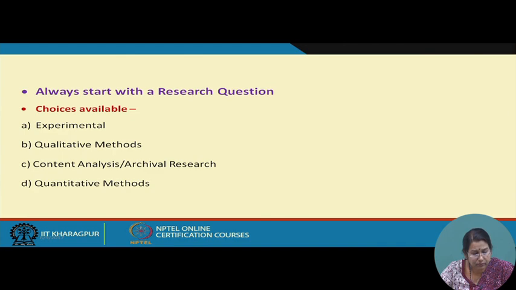Whether experimental methods will be suitable or not, or whether we should stick to qualitative methods, which for certain research questions are more appropriate and can give us in-depth ideas and analysis.